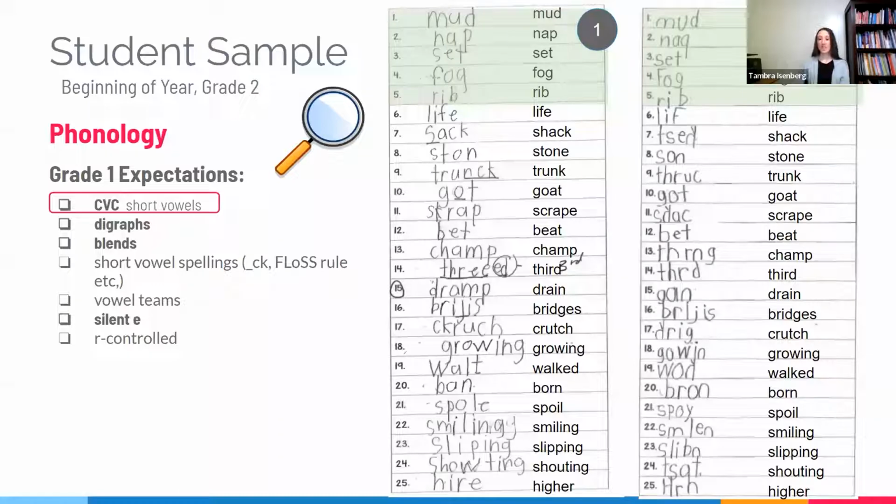And the students have a grapheme for each phoneme. If we look at the words 2 through 5, we see that they are consistently representing all of the phonemes in those CVC words. So the answer to our first question is yes, the students are representing all of the sounds in words.